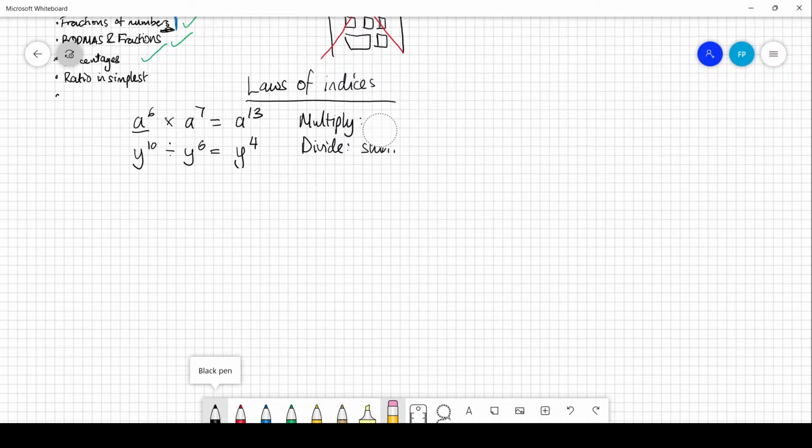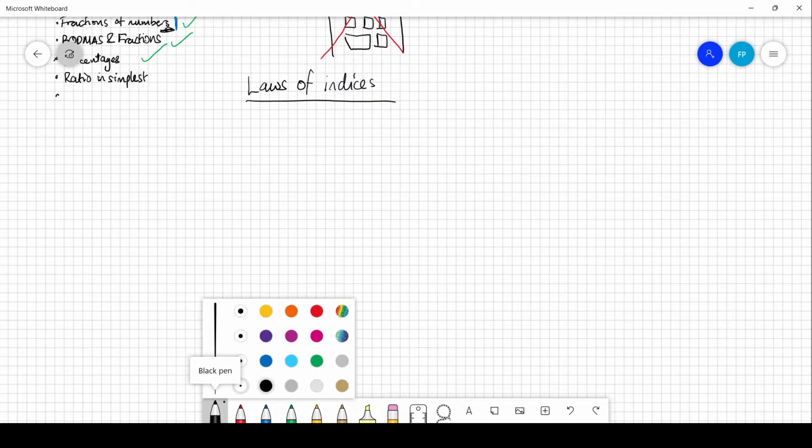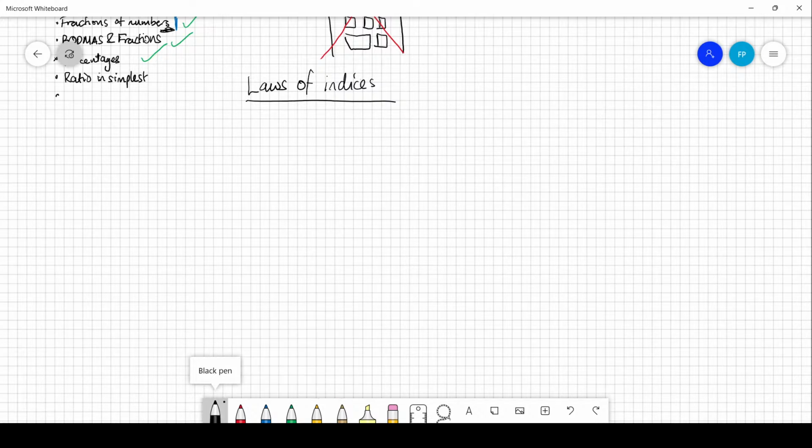So we'll go through one example that might come at the end of the paper. I'd like you to calculate 8 to the power of minus 2 over 3. So this might be for higher tier.